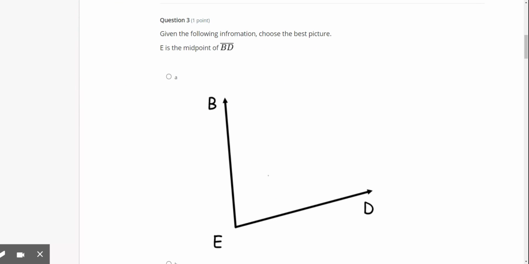The next question has to do with vocabulary. So the first thing we need to do is translate this. E is the midpoint. It sounds like a crazy question, but what does midpoint mean? The middle. And is this segment BD or angle BD?